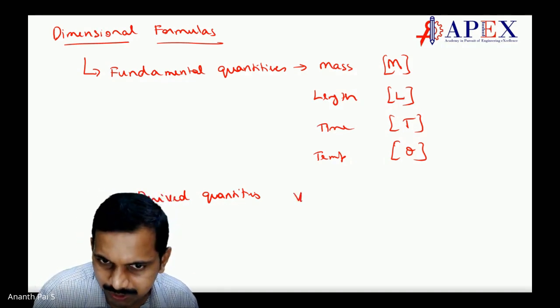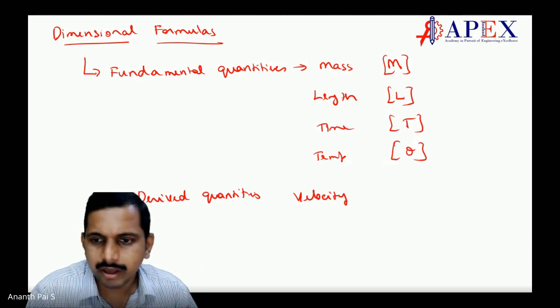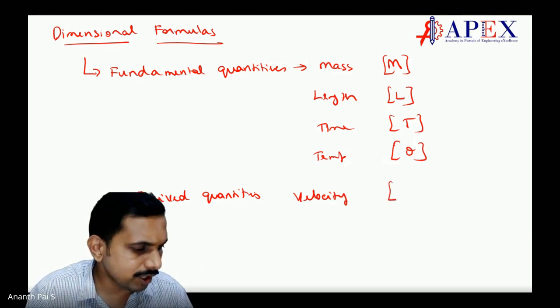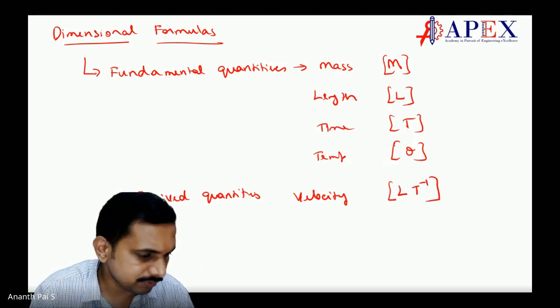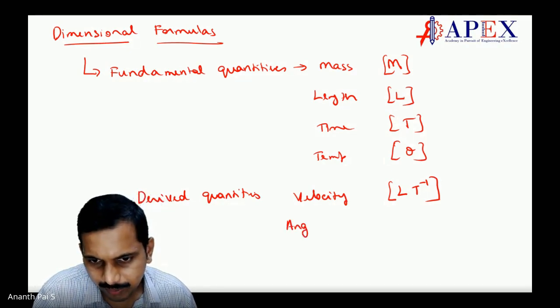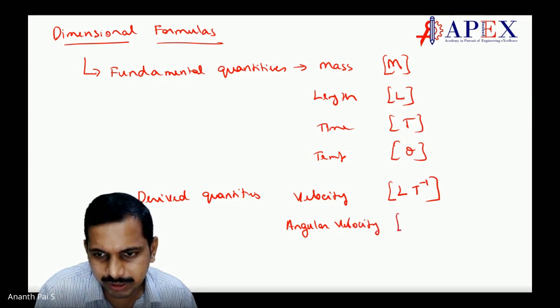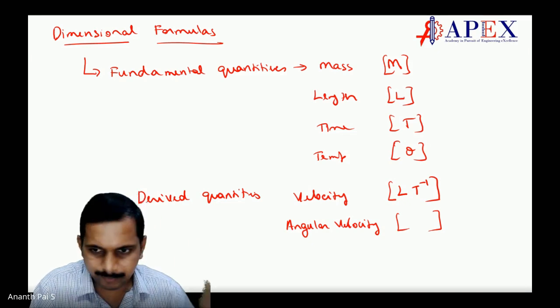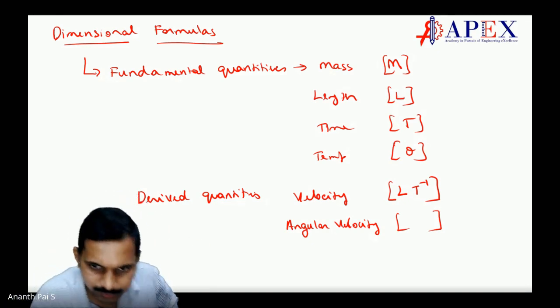Velocity, you know these, students, we will just write it down. Velocity can be written as LT^-1. Agreed? If you have doubts, tell me. Angular velocity, very important to remember this. How can it be represented, students? Can you tell me the dimensional formula?